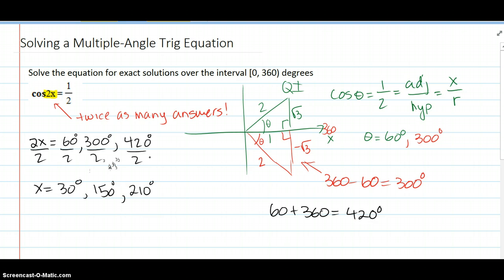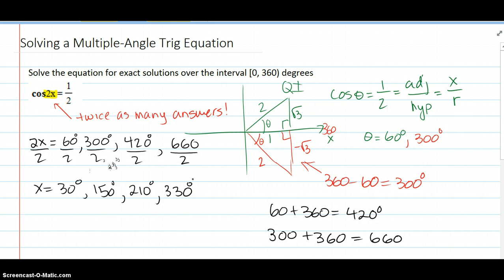You notice that 210 is less than 360. What if we did it again? Let's take this one, 300, and add 360 to that. You get 660. But we're dividing everything by 2, so that would be 330.